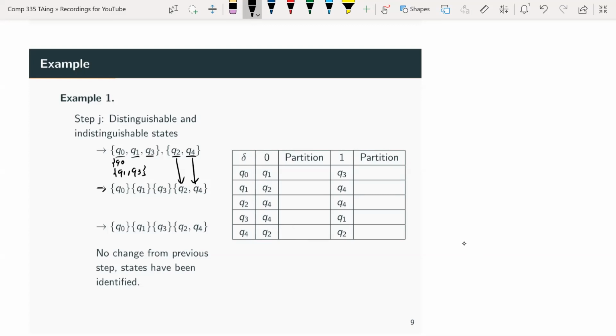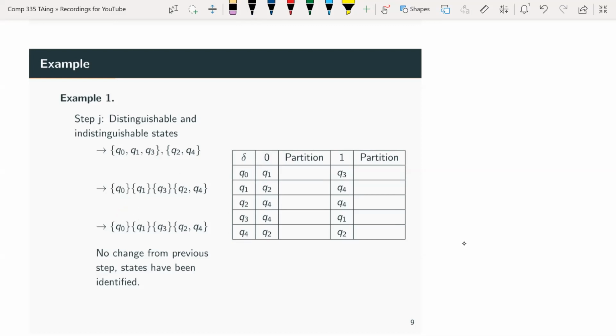What doesn't happen, which some students might ask about, is that once you're in different partitions, you're not going to check pairs of states where one state is in one partition and another is in another. So you're never going to merge back again. This never occurs in this algorithm, okay?